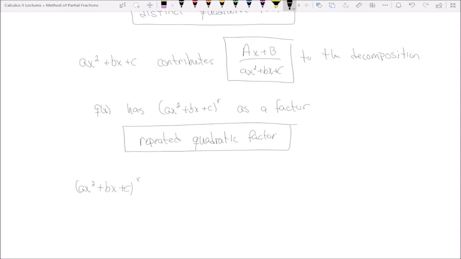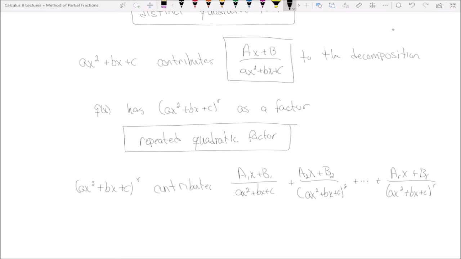In this case, we get A1x plus B1 over ax squared plus bx plus c, plus A2x plus B sub 2 over ax squared plus bx plus c squared, and so on and so forth, plus A sub r x plus B sub r over ax squared plus bx plus c raised to the rth power, to the decomposition.